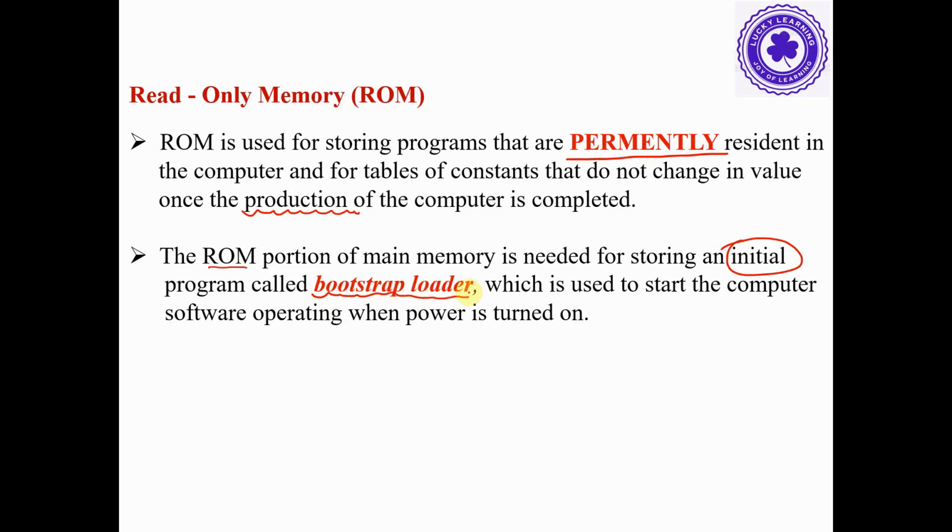This bootstrap loader program is stored in the ROM, which is available in the main memory. So as soon as you switch on the power, it reads this bootstrap loader program, which is going to load the operating system when the power is turned on. On top of the operating system, other application programs are going to be executed.